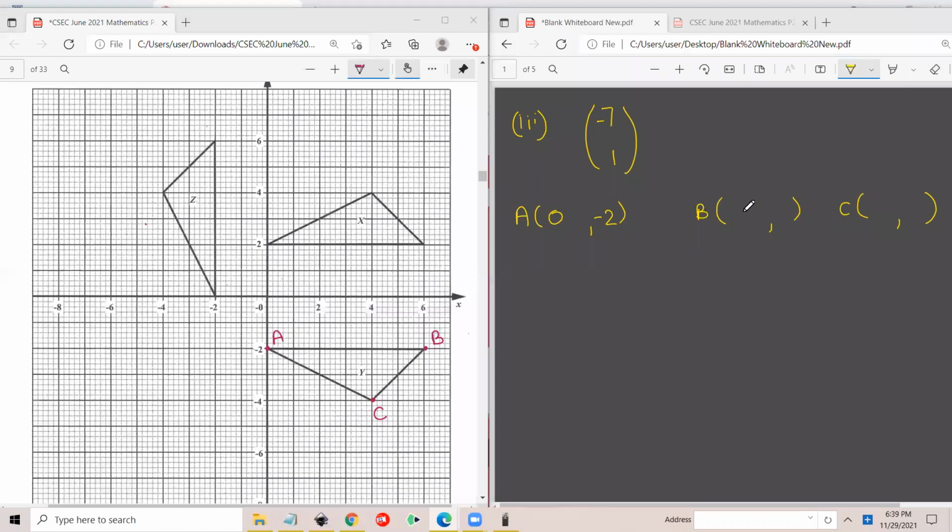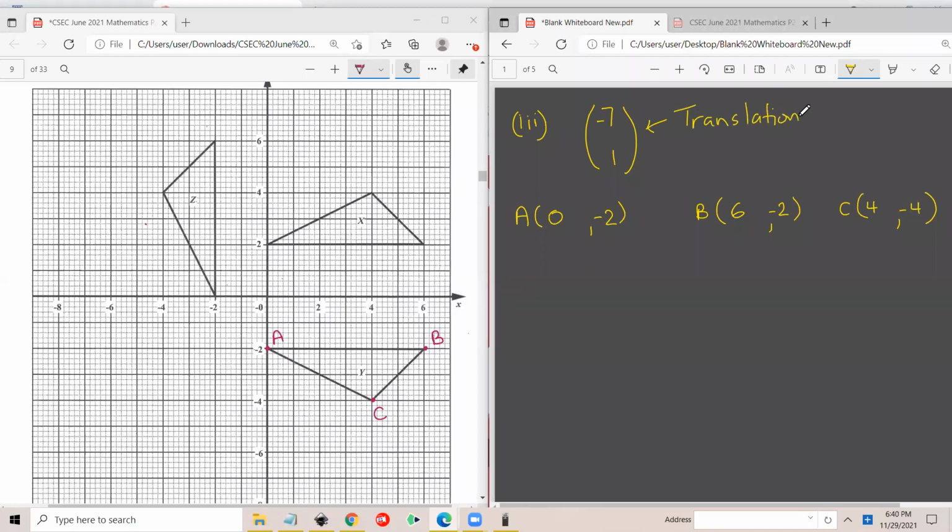Point B looks like 6 minus 2, and C looking like, no, a few people have 0. C looking like 4 minus 4. That's what it's looking like to me. All right. Great.